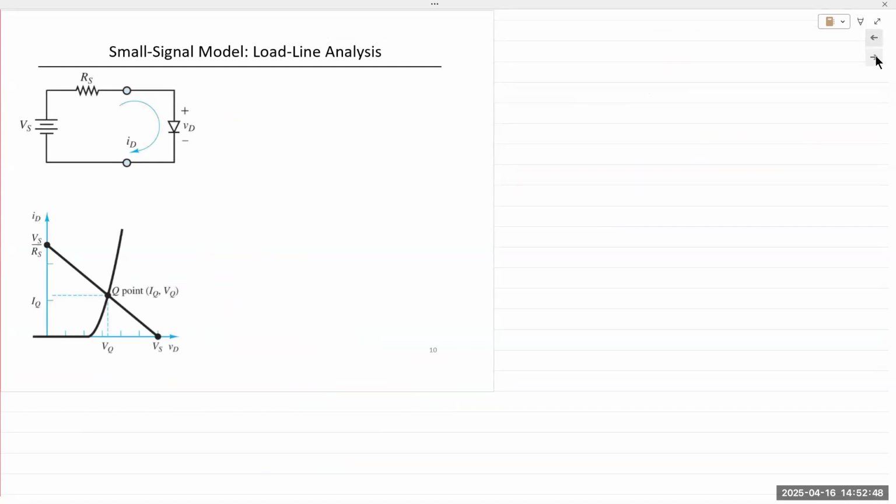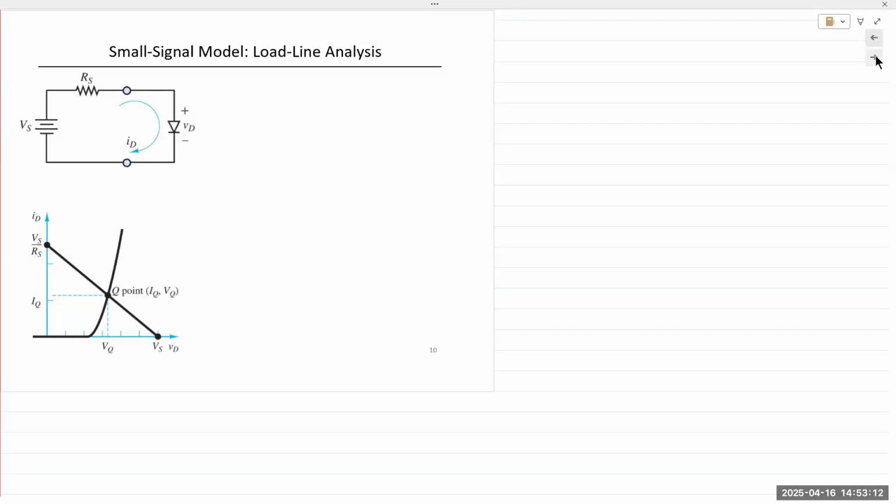So it's small enough, it only shifts the diode characteristic a little bit up and down. Okay, so it's a very small movement. Because it's a small movement, we are only looking at a small piece of the diode response. And if it's a really small piece, we can consider it to be linear. And if we consider it to be linear, we can apply linear circuit analysis techniques to that small portion.